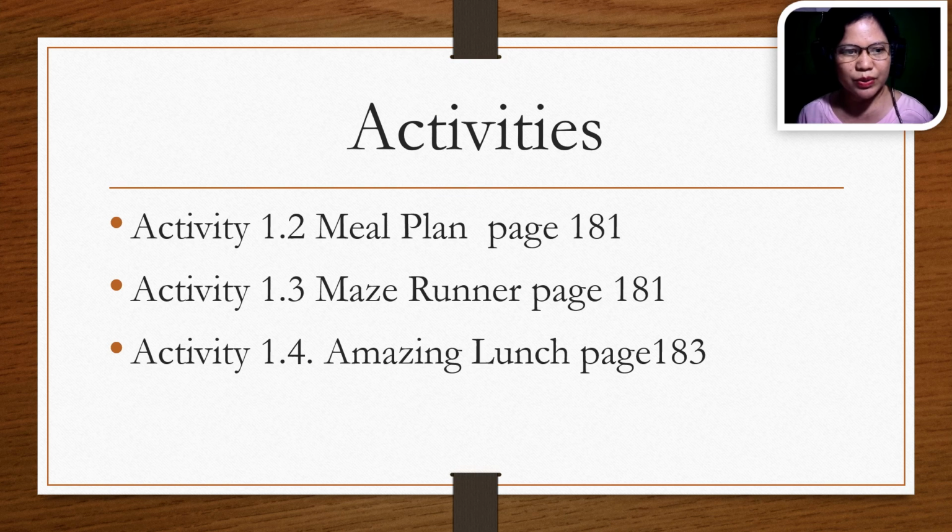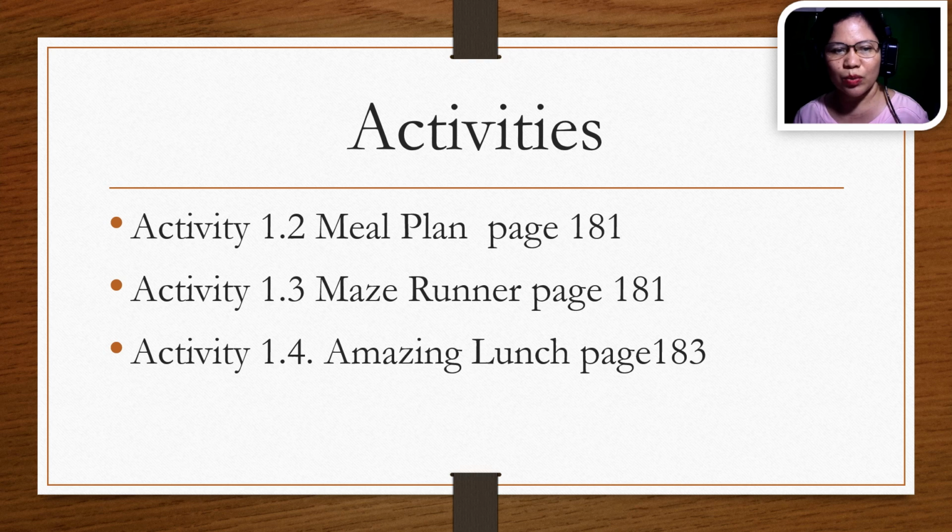For the other activities, you may work on activity 1.2, meal plan. You will be making a meal plan for 3 days: day 1, day 2, day 3, from breakfast, morning snacks, then lunch, afternoon snacks, dinner, then your dessert. Then for activity 1.3, Maze Runner, page 181, you have there the instructions until you reach home.